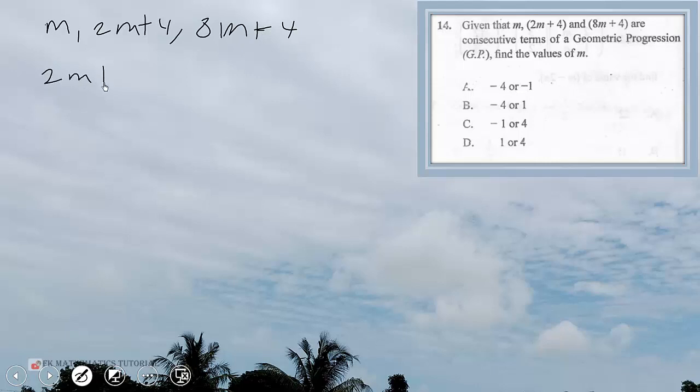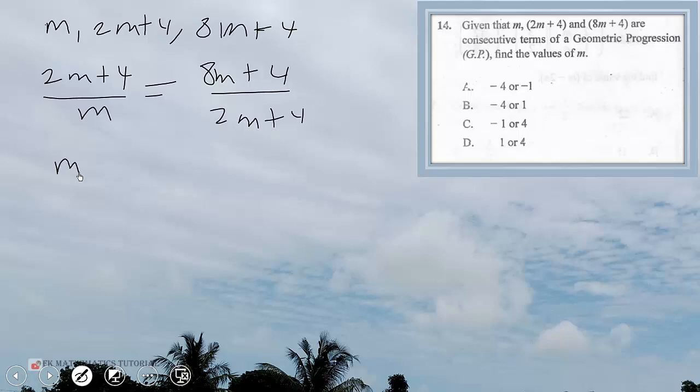So 2m plus 4 over m will give us a common ratio, and 8m plus 4 also gives us the same common ratio, 8m plus 4 over 2m plus 4. So when we cross multiply, we have m into bracket 8m plus 4 is equal to 2m plus 4 into bracket 2m plus 4.